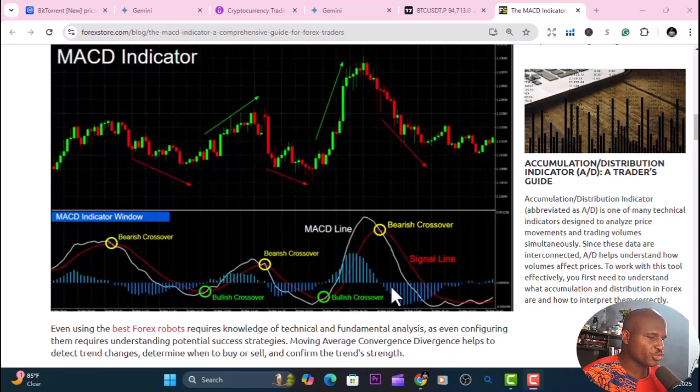So let's see. And we also have the histogram. I will explain the histogram better once we go into the TradingView account, but this is how it is. You can see the histogram is also another part that indicates where the market is. And you also need to take some simple analogies. Whenever you see the MACD line and the signal line below the histogram, please know that you should be trading short.